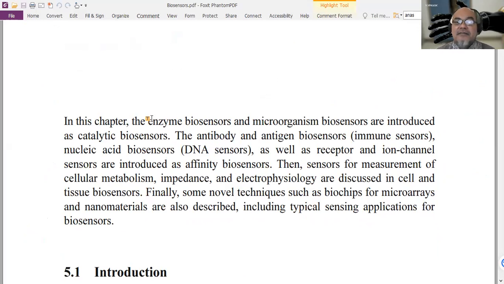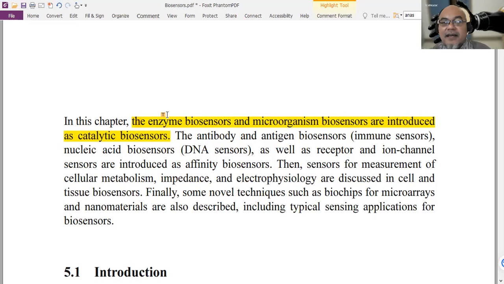Enzyme biosensors and microorganism biosensors are usually called catalytic biosensors because a catalytic reaction occurs there. In catalysis, remember that the catalyst itself remains after the substrate is converted into product, then it detaches again, and the catalyst can react with another substrate.